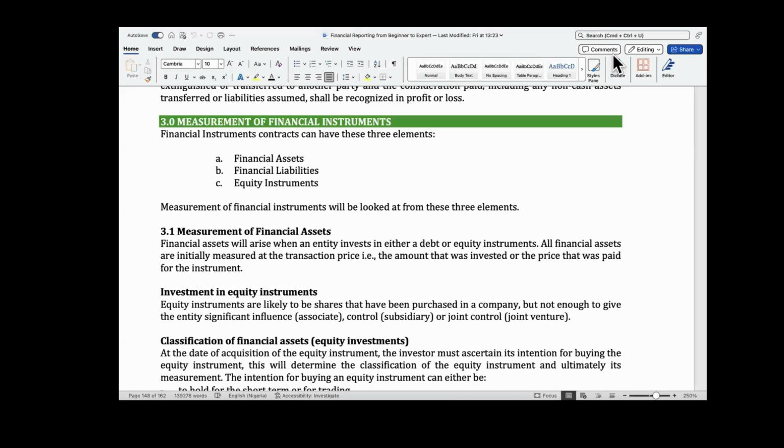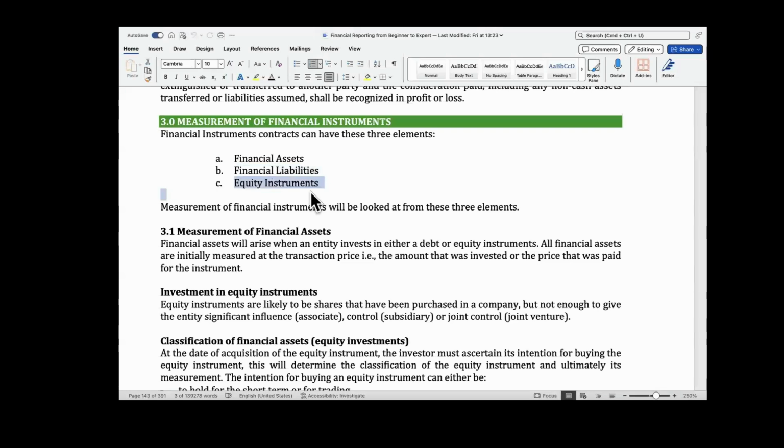Fundamentally, measurement deals with how to get the value that you attach to an item. Now, looking at financial instruments, there are three elements. There is the financial asset, there is the financial liability, and there is the equity instrument.